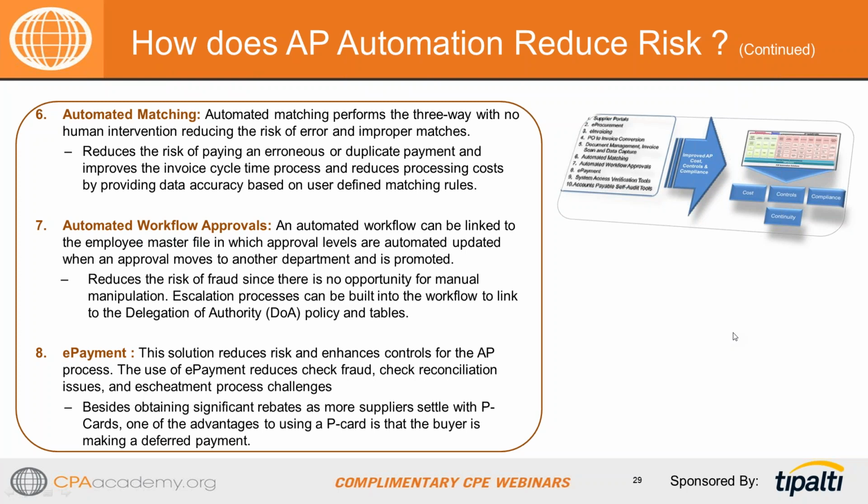Now, a lot of people want to avoid that because they want to go under the radar screen, and they think if a controller or a vice president needs to approve the PO or the invoice, then it's going to raise a red flag. They're going to get a bunch of questions, and maybe they're trying to hide a collusion activity or some sort of fraud. But this is really a very good control, and it certainly can be used not only in accounts payable, but other processes in your company that require approvals.